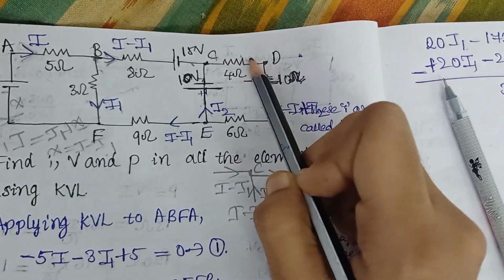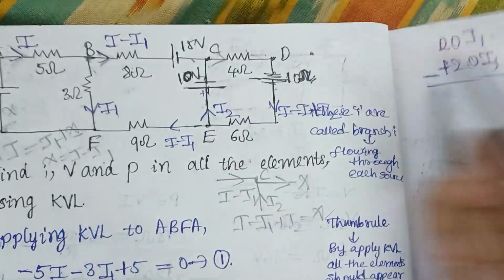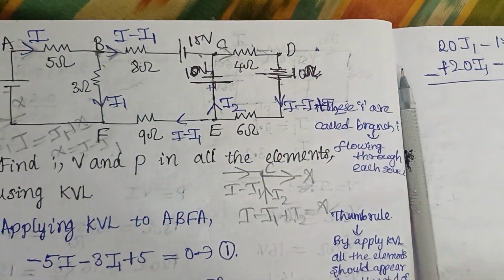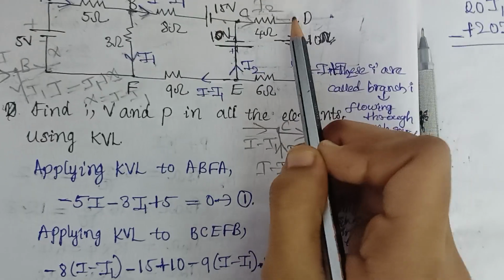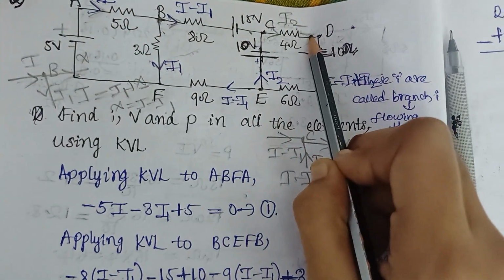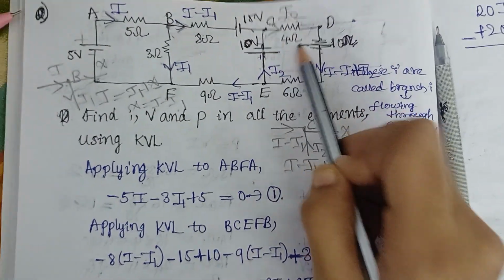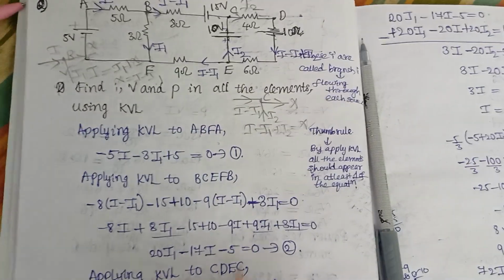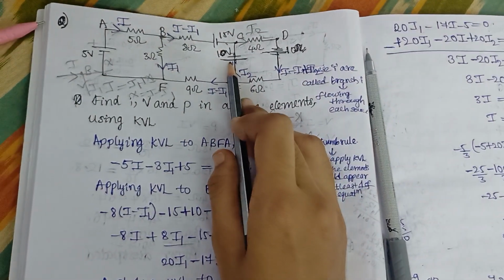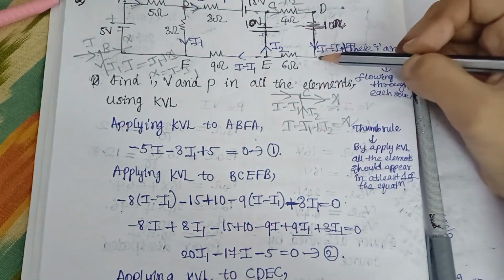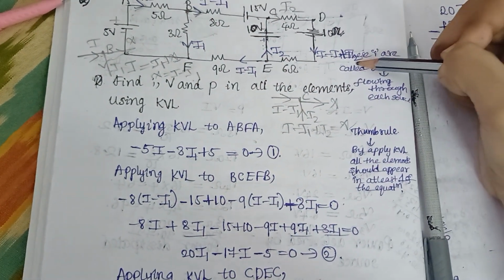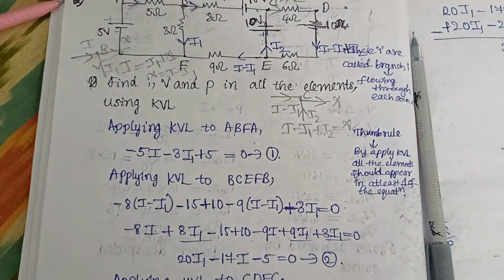Again, since we are moving from positive to negative, here also through this 4 ohm resistor the current flowing is nothing but I2, right? And again since we are moving from positive to negative, you will get minus 4 I2. And here your current is I minus I1 plus I2, right?